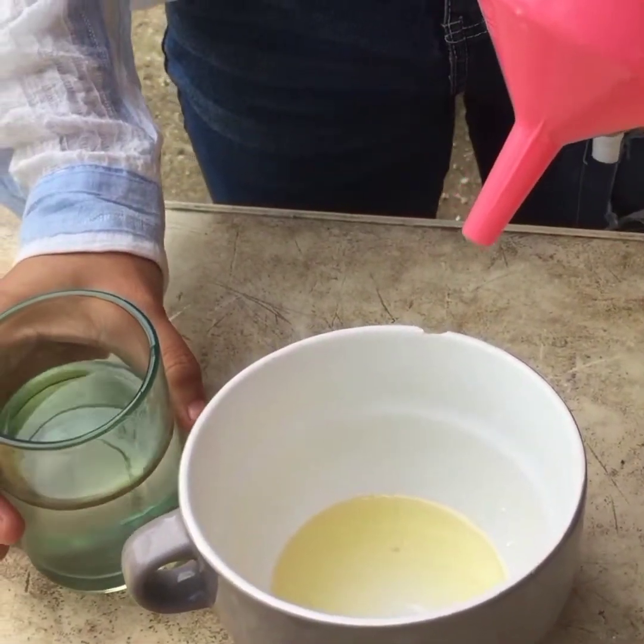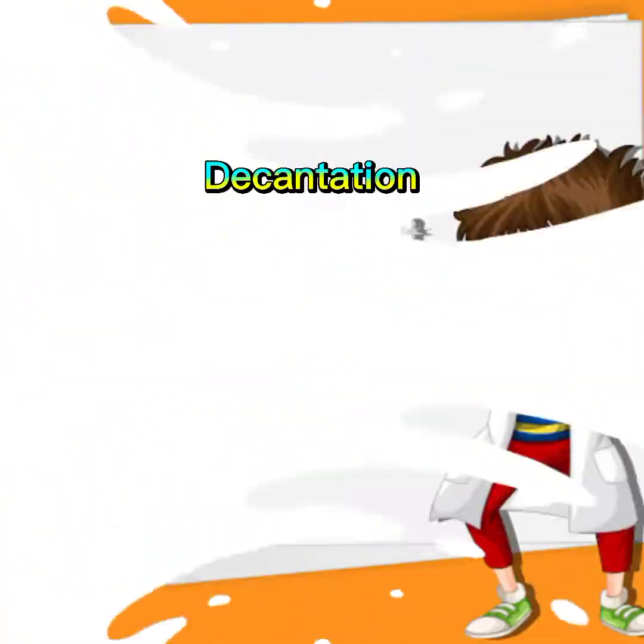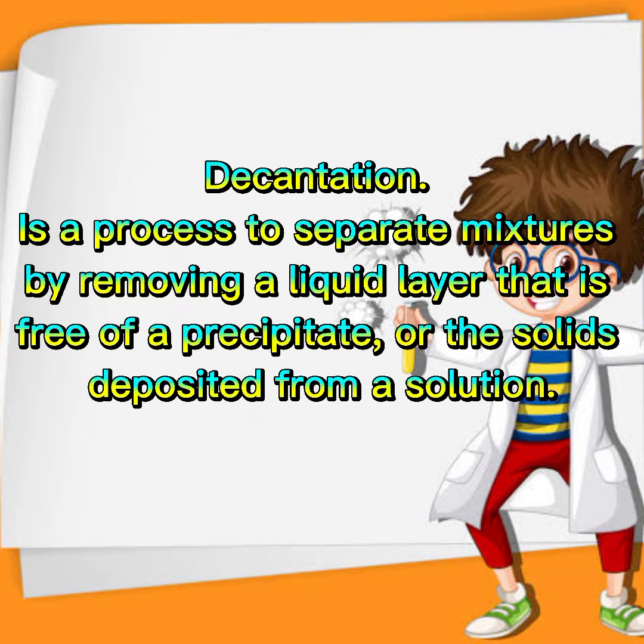And now they are separated. Decantation is a process to separate mixtures by removing a liquid layer that is free of a precipitate or the solids deposited from a solution.